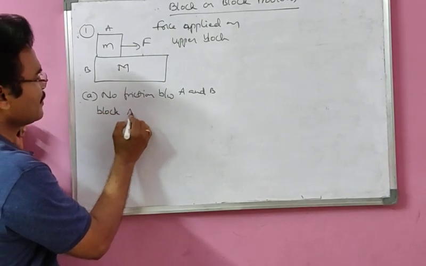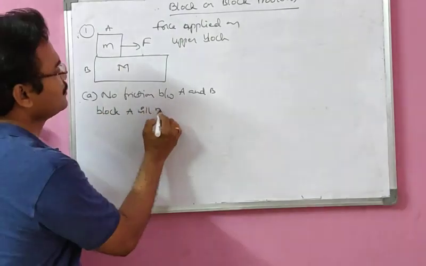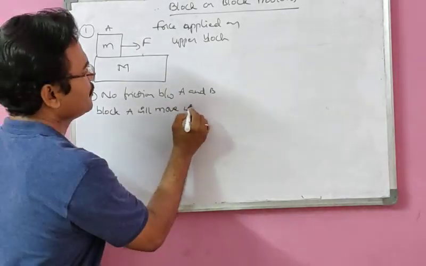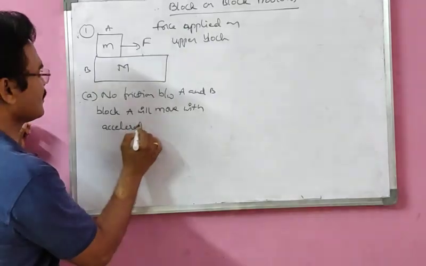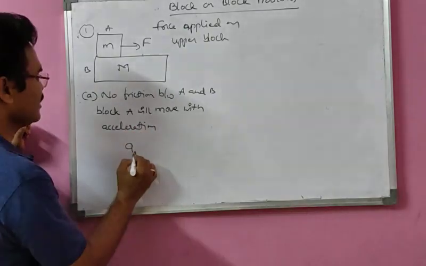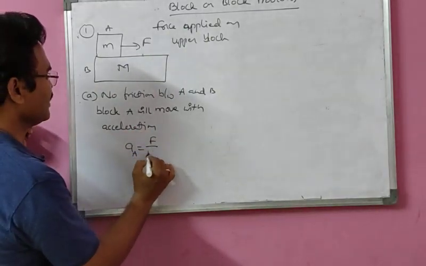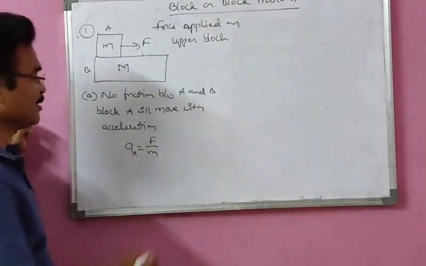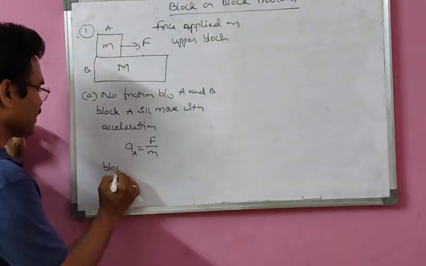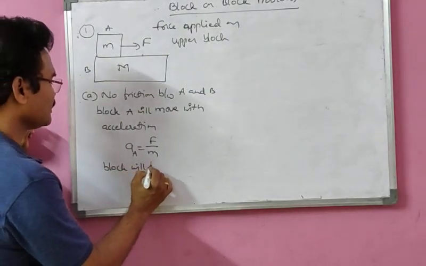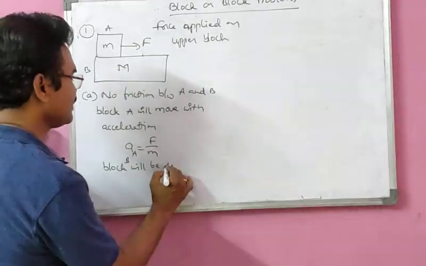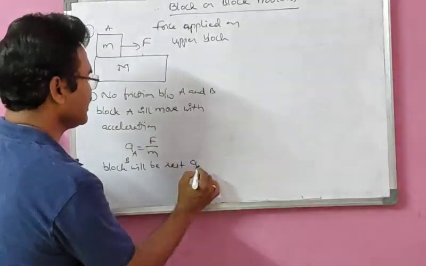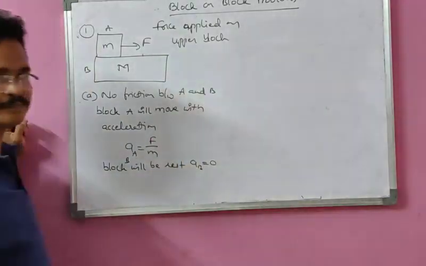Block A will move with acceleration a equal to F by m, and block B will be at rest. That is a_B equal to 0.